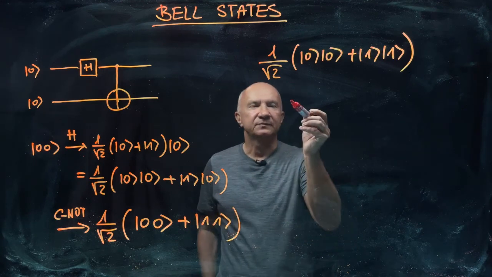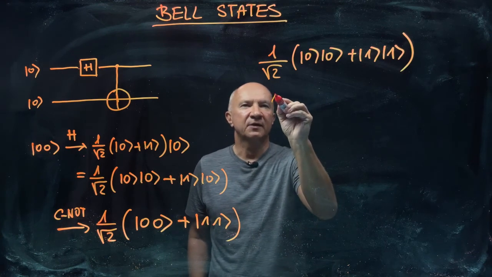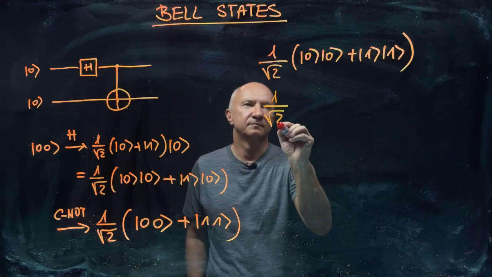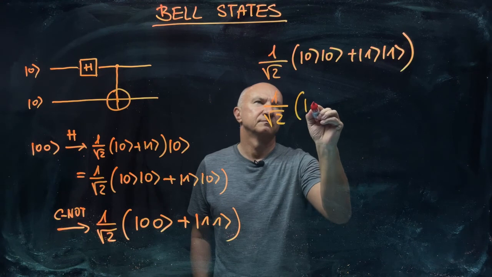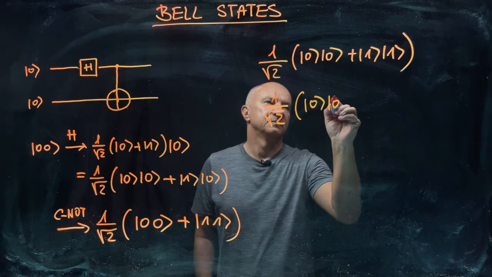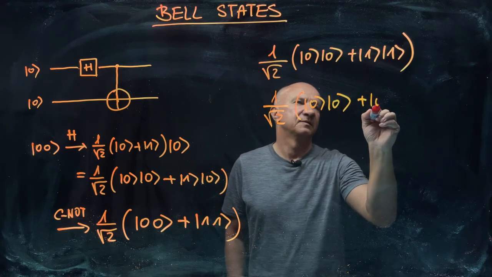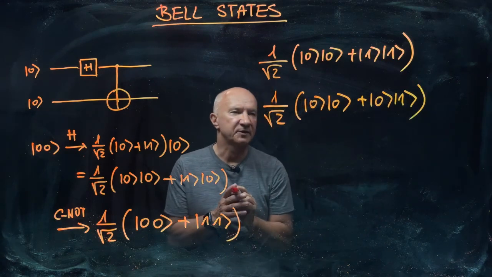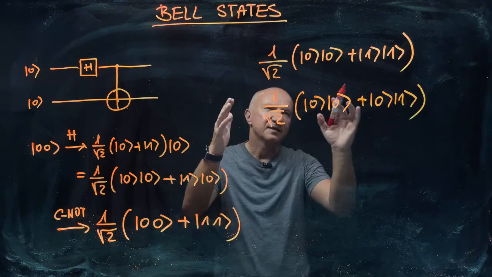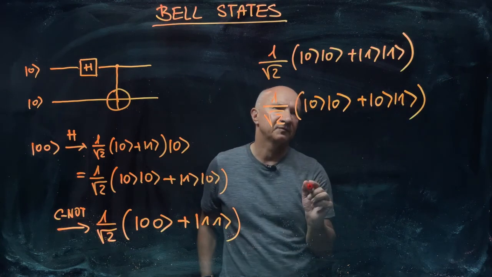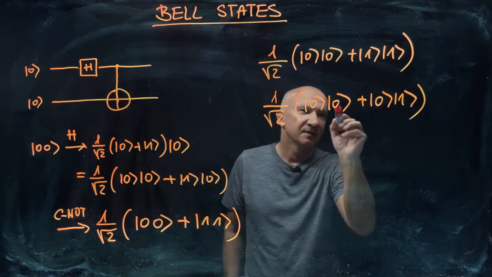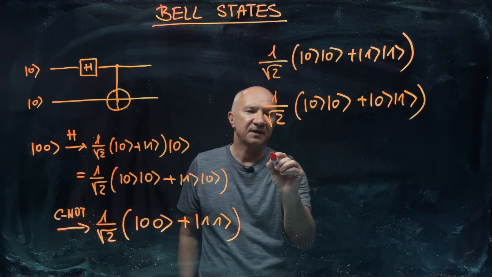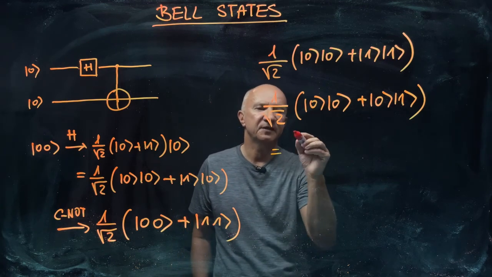For example, in contrast, if I were to write this state 0, 0 plus 0, 1, and I ask you the same question, then you would say, well, yes, you can do something here, because I can factor out the state of the first qubit.